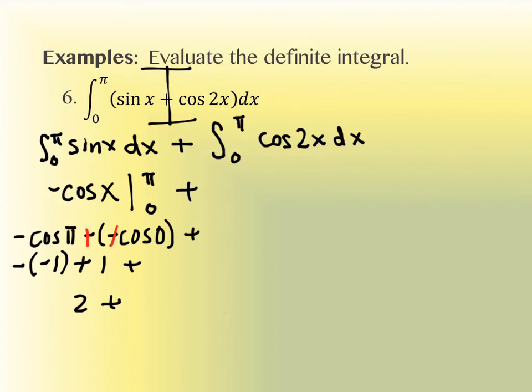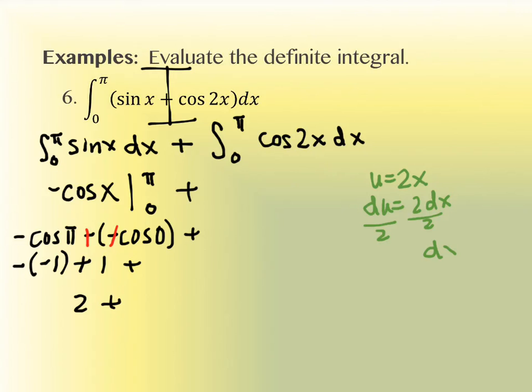So how do we do it? Well, here's what we do. We simply let u be that angle that's inside. So then, if u is 2x, what would du be? 2 dx. Is there a 2 in the problem? Not yet. There isn't. But I just have to divide it to the other side.